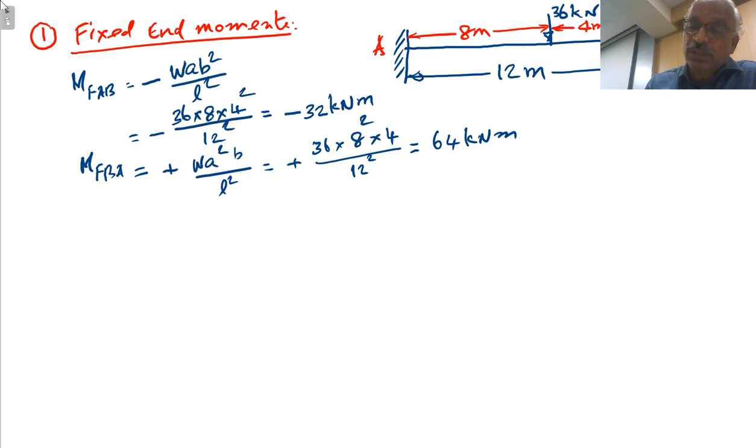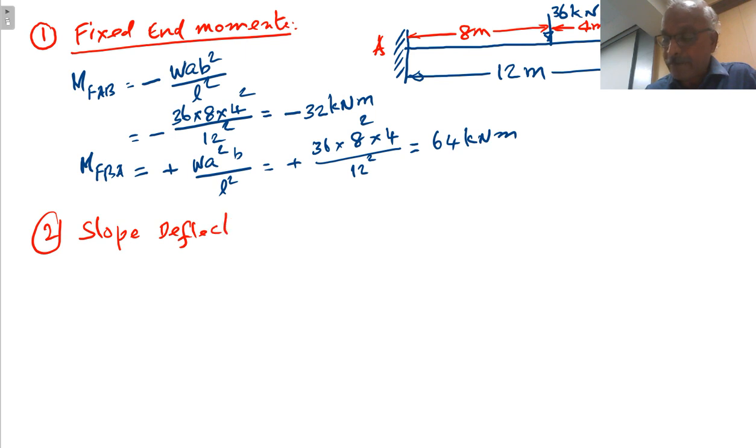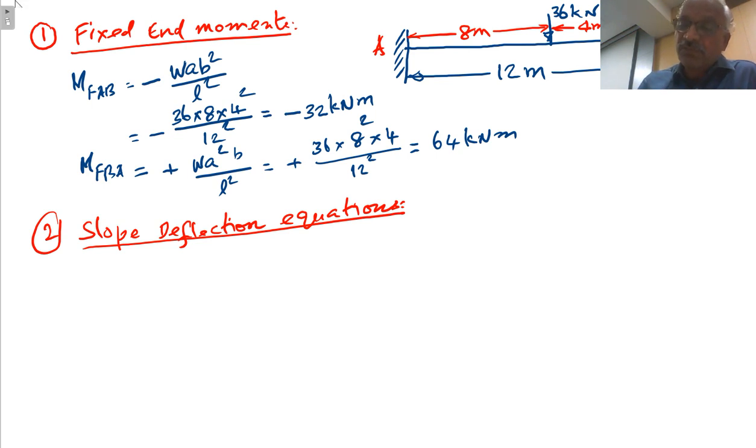Now coming to the second step, that is, the slope deflection equations. We know the general equation is MAB equal to M of AB.